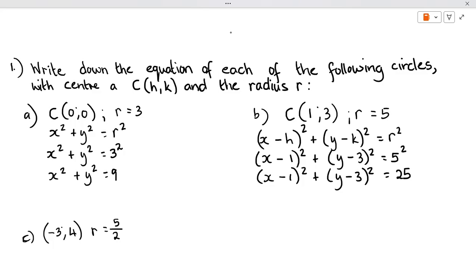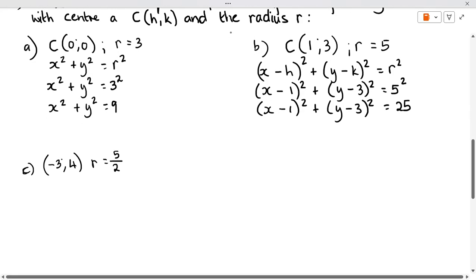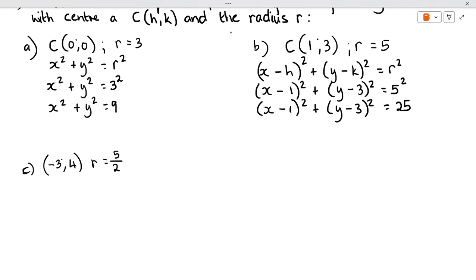Now looking at C, the center is at negative 3 and 4. So in this case, I'm going to go straight into substituting into the formula. It's x minus 3 squared plus y minus 4 equal to 5 over 2 squared.